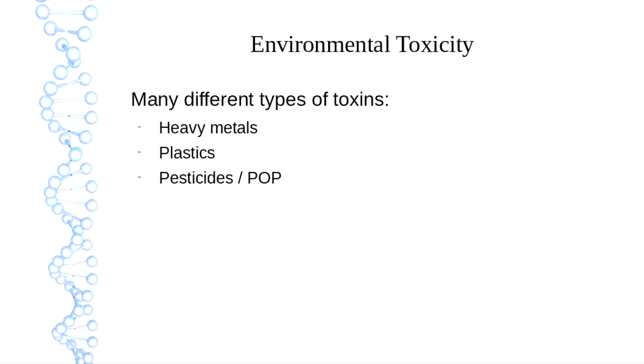Then we have pesticides like glyphosate, many different persistent organic pollutants. To just run through this would be a whole other presentation that can go on for an hour. But we just have to be aware of the degree of environmental toxicity and look at lab tests that can help determine how bad it is in each person.